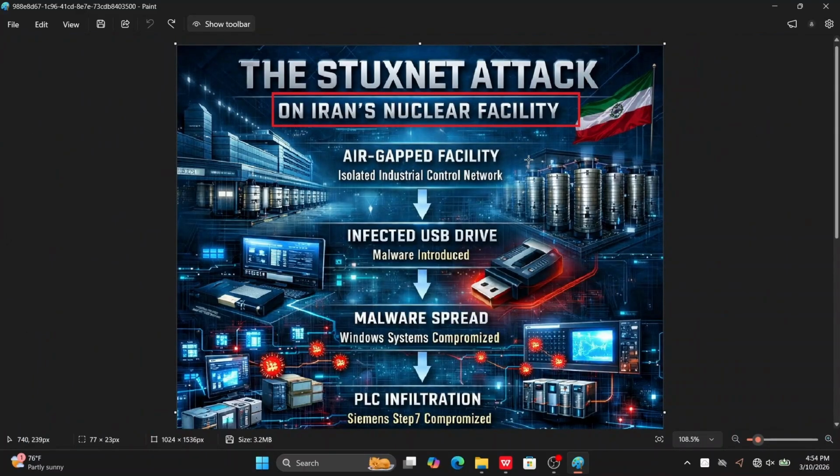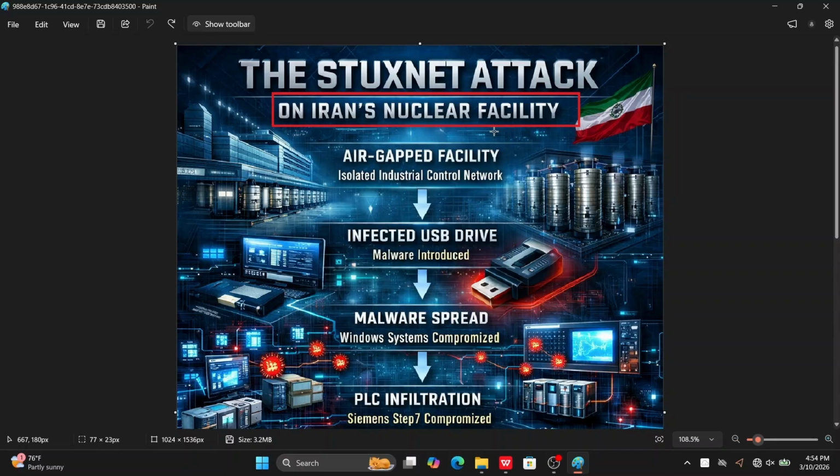Let's walk through this visual step by step to understand how the Stuxnet incident demonstrated the real-world impact of a cyber attack on industrial control systems. The target was the Iran nuclear facility.